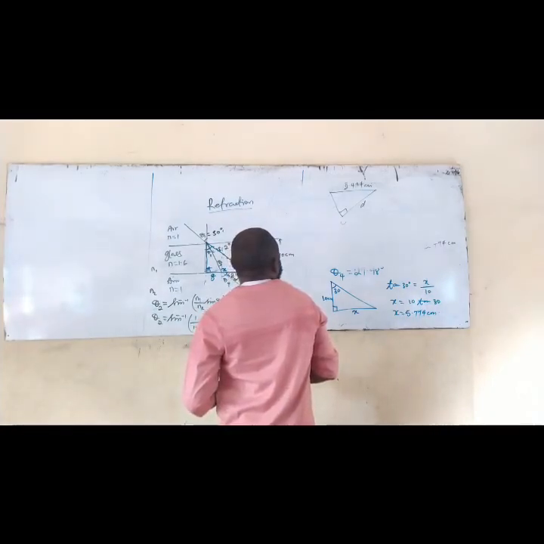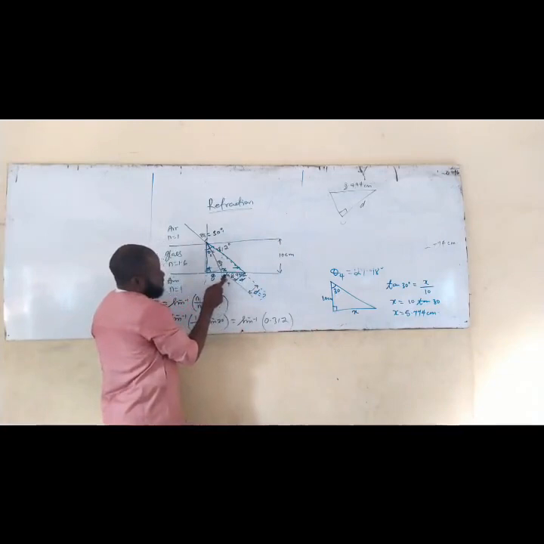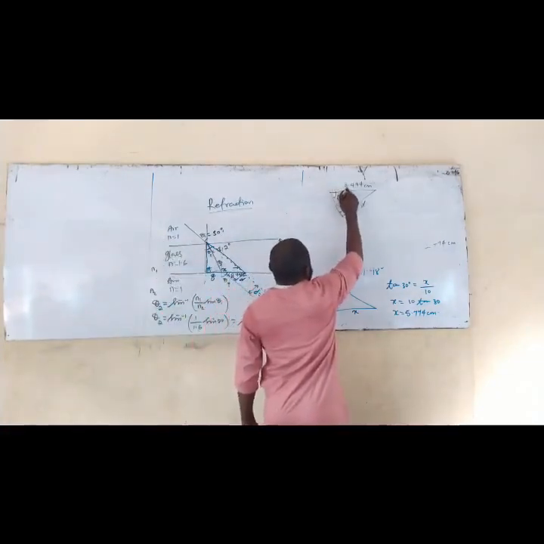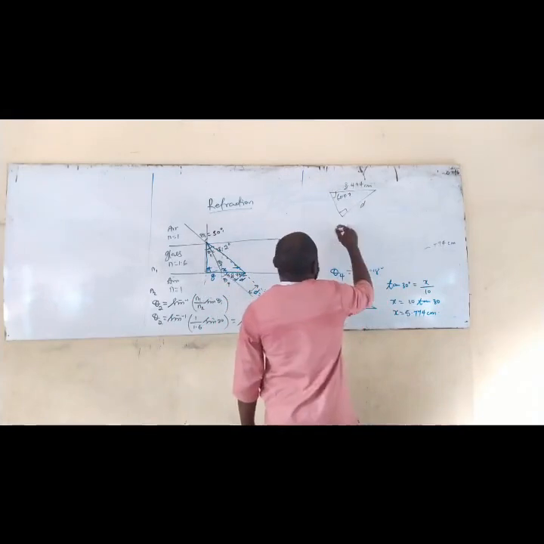Okay. If here is this, right? Okay, this place is what? 60.24, I mean, 60.02.